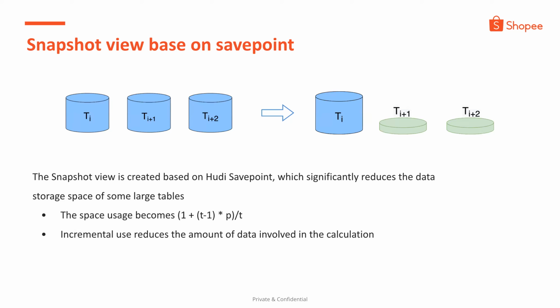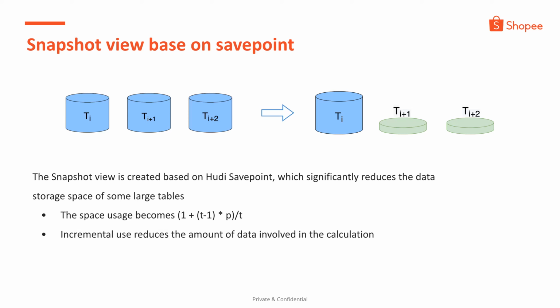In the use of snapshot view, for some scenarios where the proportion of changing data is not large, a better storage saving effect will be achieved. We have a simple formula here to calculate the effect. P represents the proportion of changed data, and T indicates the number of time periods to be saved.